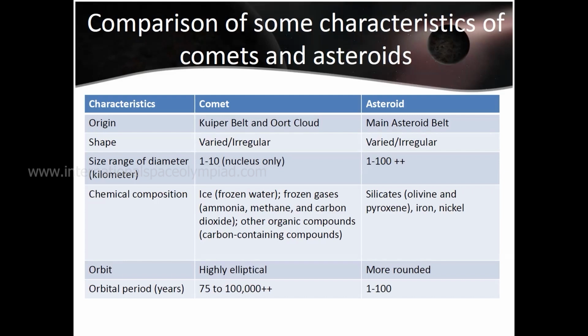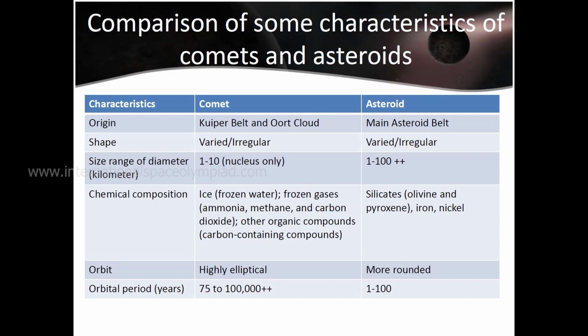Now, about chemical composition. Mostly comets contain ice, frozen gases like ammonia, methane, and carbon dioxide, and other organic compounds such as carbon-containing compounds. Asteroids mostly contain silicates, that is rock, and iron and nickel.